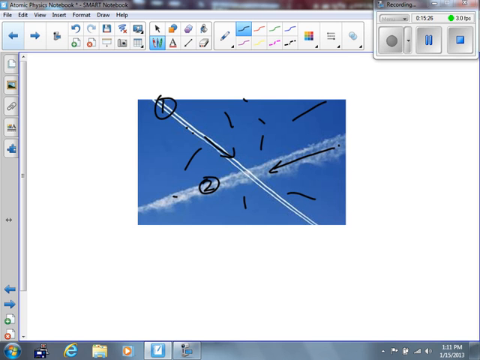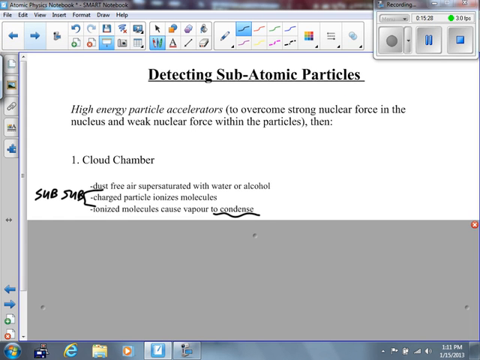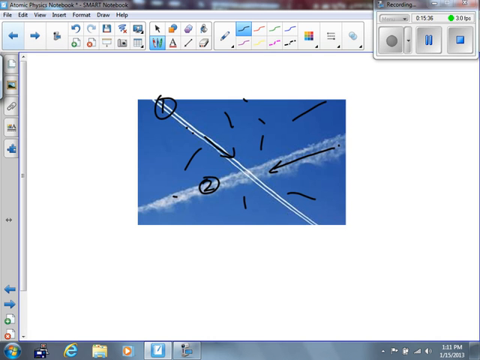As opposed to if you're looking at this, you're going to see the cloud path and you're going to say, well, something's causing it. Even if you hadn't known it was airplanes, even if you just said, all right, something's traveling this way, something's moving this way.